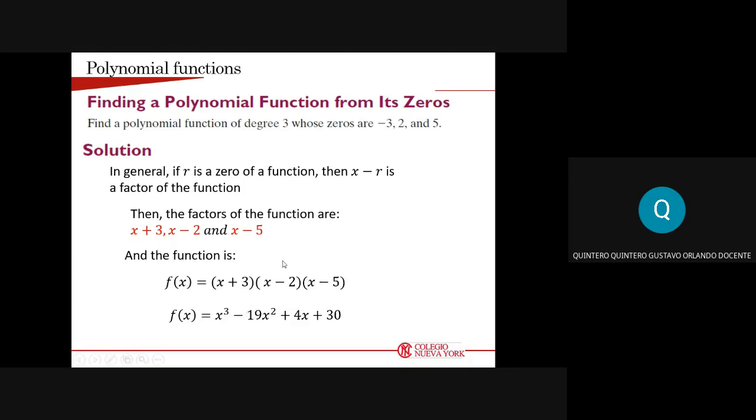Again, from the zeros, we found one function. Now, question, guys. Is this the only function that will give us these zeros? Not necessarily. There are infinite functions that will give us these zeros.